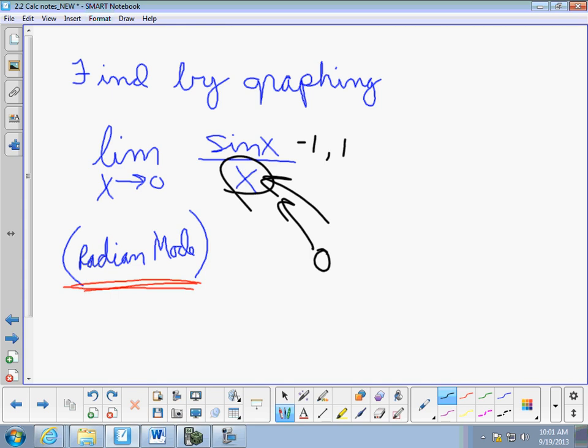What's the sine doing as x gets closer to 0? If I asked what's the limit as x approaches 0 of the sine of x, it's approaching 0. So the numerator is approaching 0, and the denominator is approaching 0.